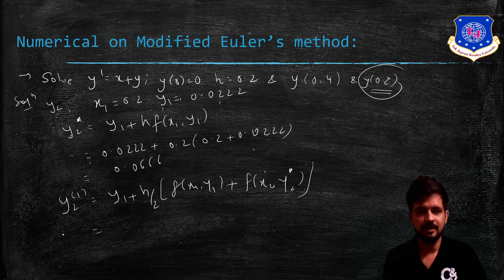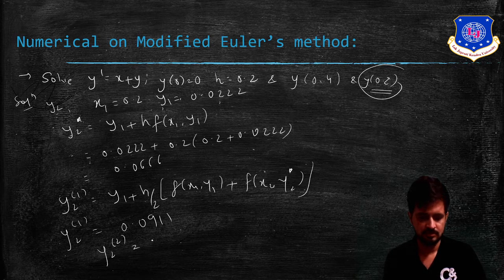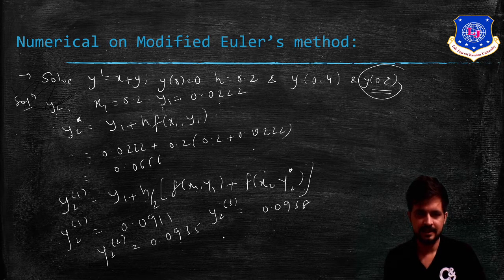After making the equation in the calculator, you can get y2 1. Our y2 1 will be 0.0911, then y2 2 is 0.0935, y2 3 will be 0.0938, and again y2 4 will be the same, 0.0938.